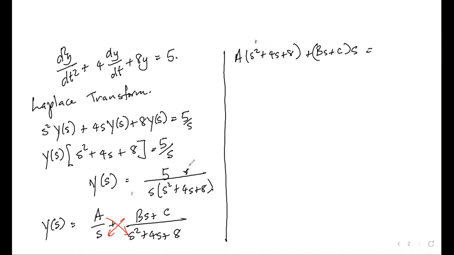The numerator is 5. So s equals 0: this part goes, and this is 0, and this is 0. So you get 8A is equal to 5. So A is equal to 5 over 8.